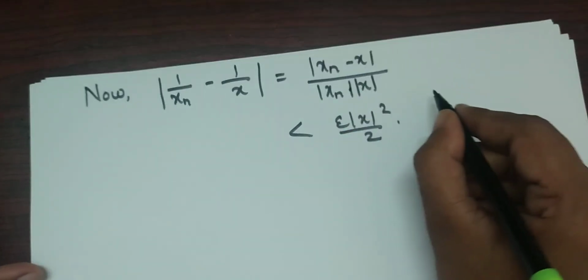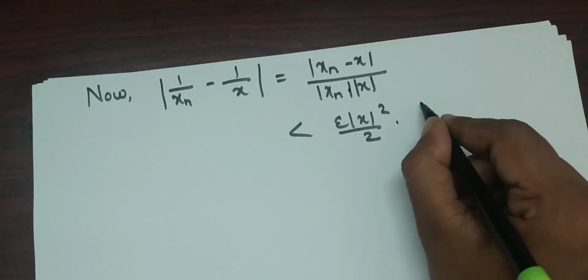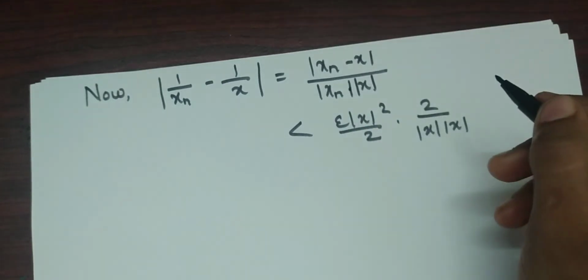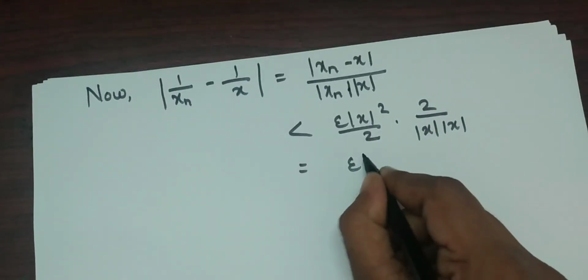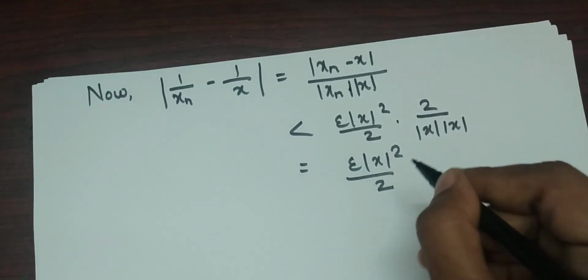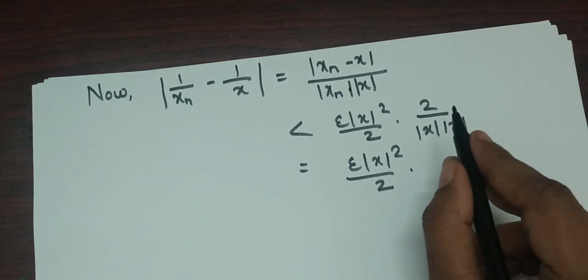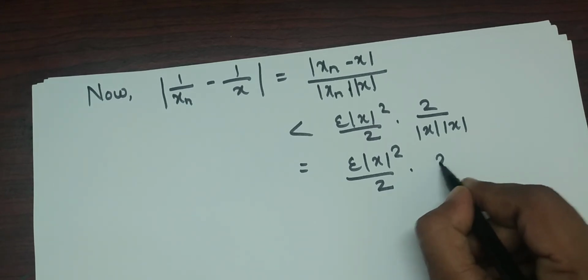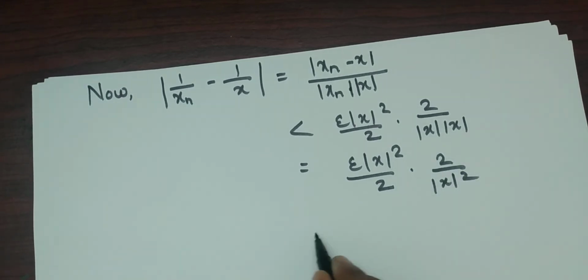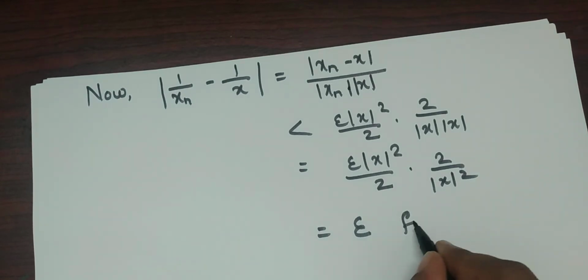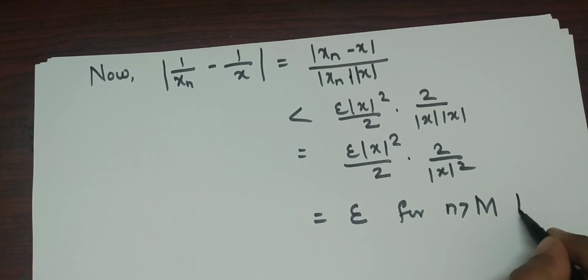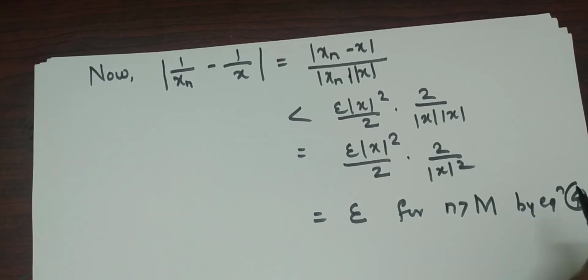So you can write here 2 upon mod x into mod x, because xn converges to x. Which is equal to epsilon mod x square upon 2 into 2 upon mod x square. So you will get the answer epsilon for n greater than m by equation 4.